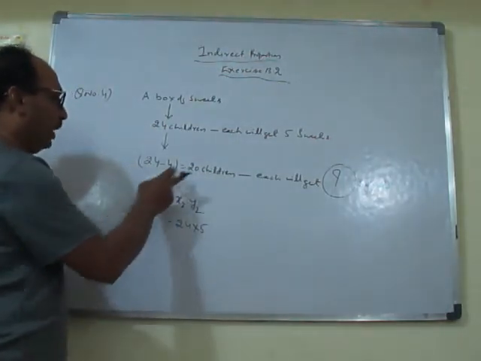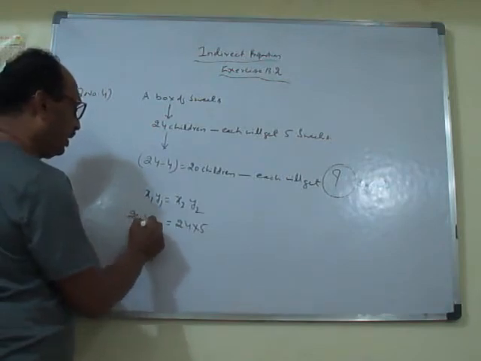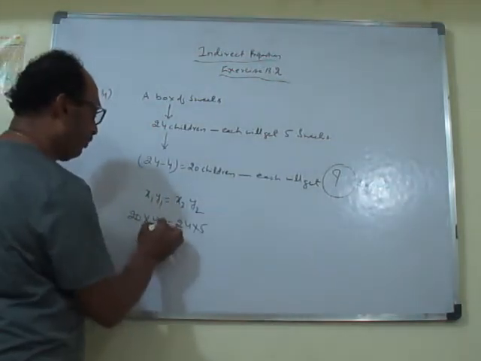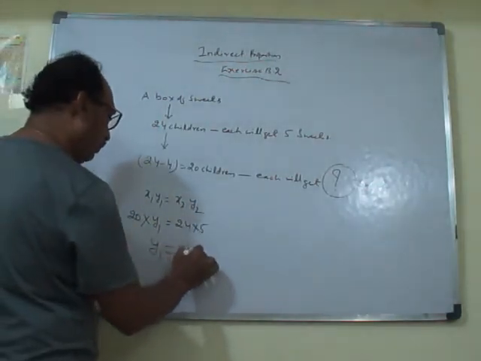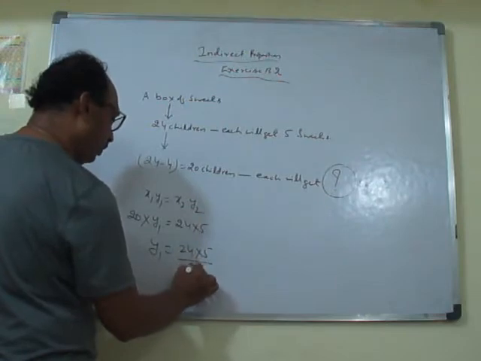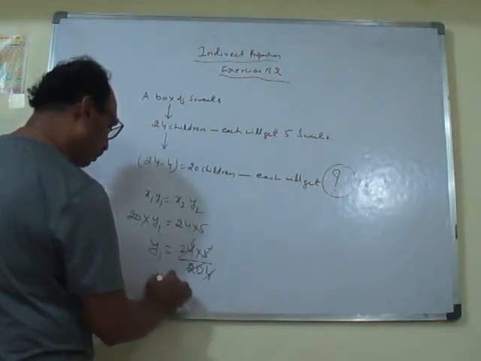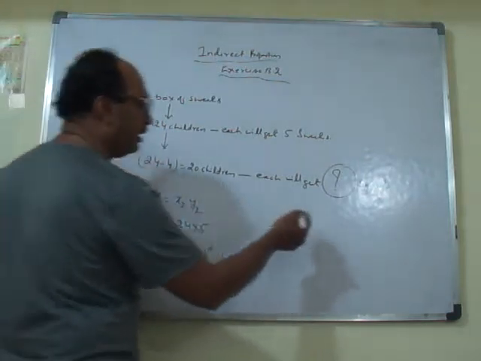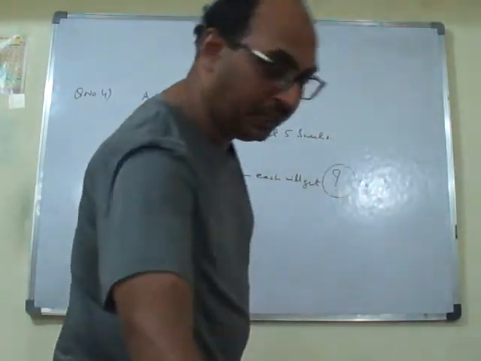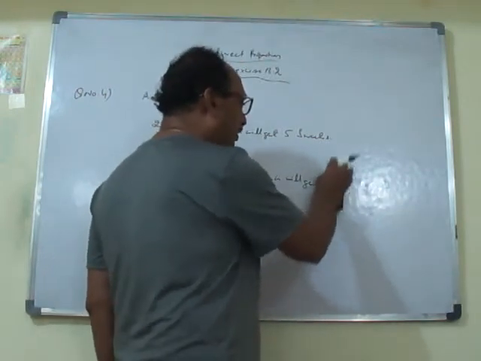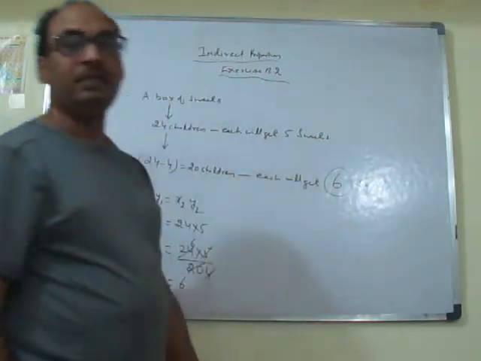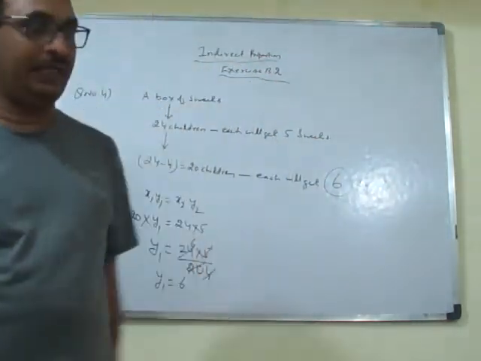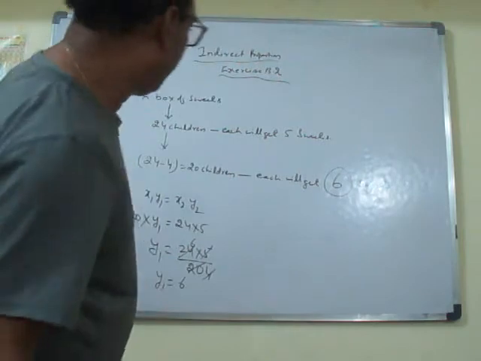For x1 y1, x1 is given to us as 20 children. y1 we do not know, we need to find it out. So y1 is equal to 24 into 5 divided by 20. 5, 4 are 20, 4, 6. So y1 is equal to 6. It means each will get 6 sweets. Right. Let us solve question number 5.